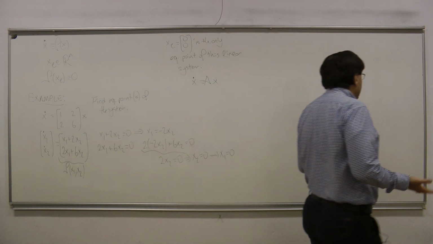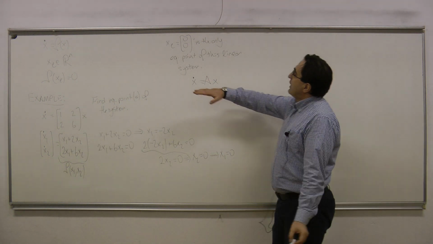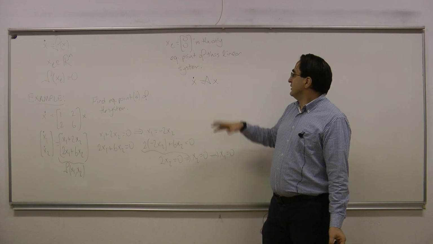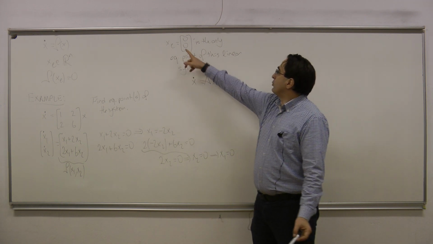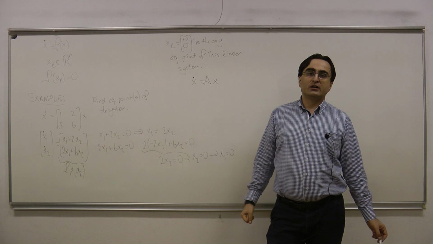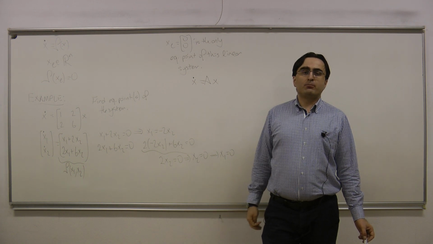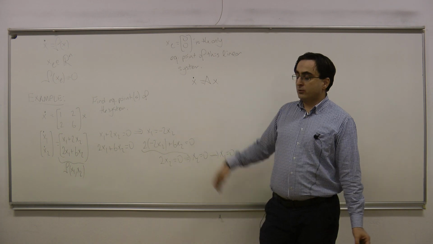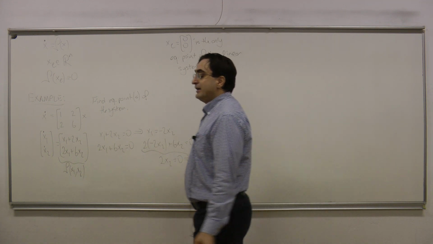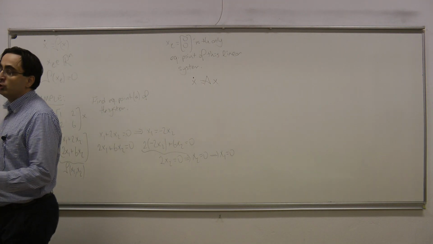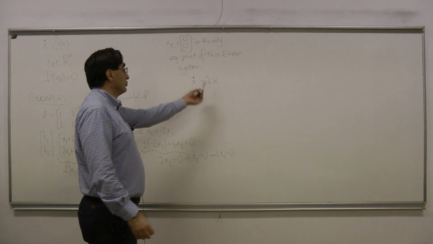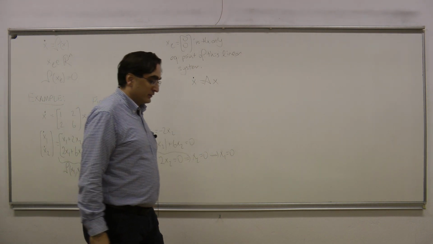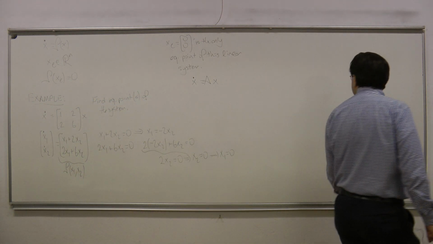Okay? So we see that for any linear system, x equals 0, which is the origin, is always an equilibrium point of a linear autonomous system given like this. This is quite nice to know.